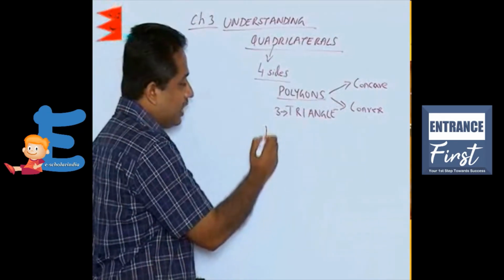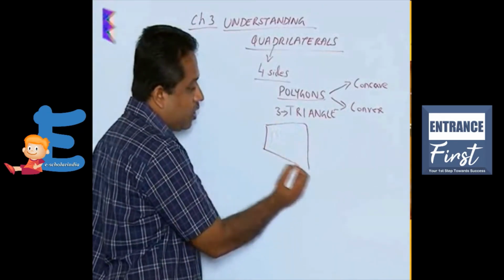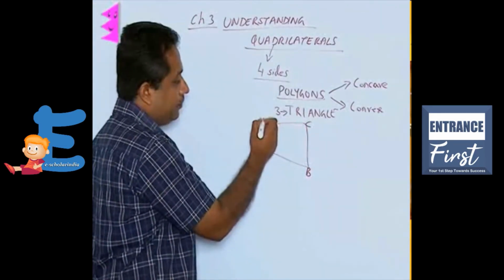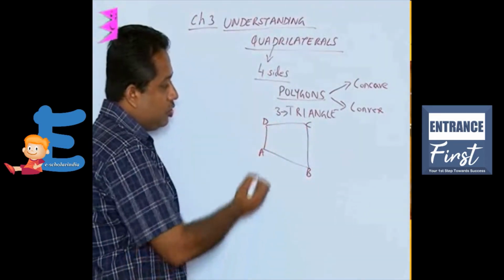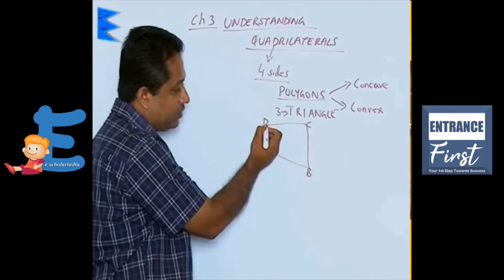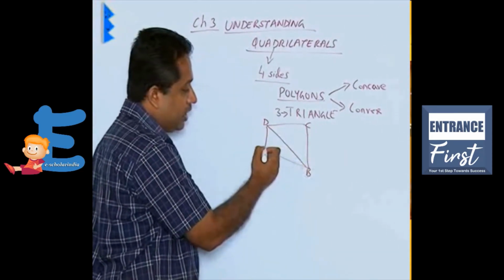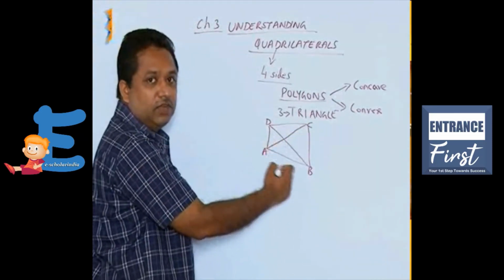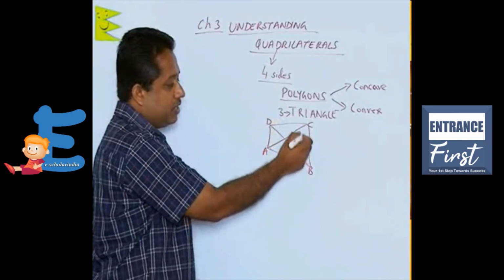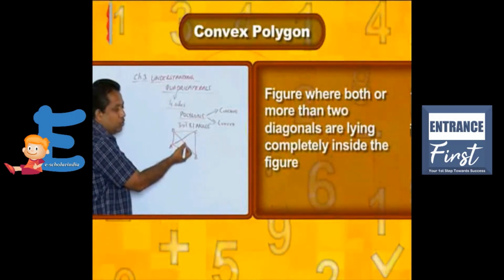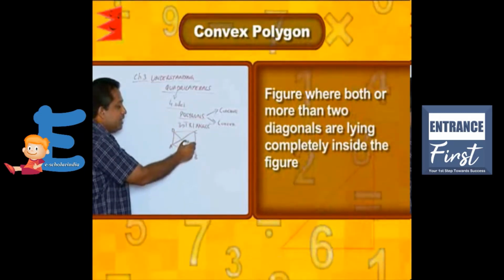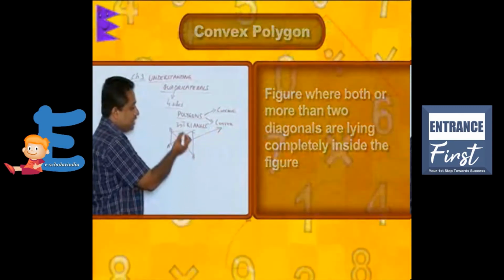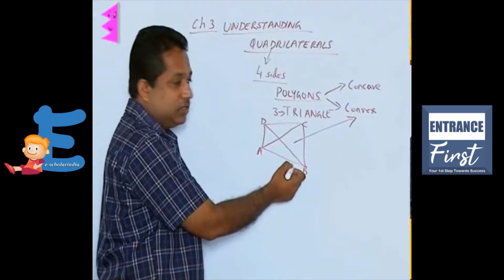So if you have a figure like this, a random quadrilateral, a four-sided figure, name it as ABCD, and if we draw the diagonals of this, that means join D to B and A to C, we find that both the diagonals are lying within the figure. Such figures where all the diagonals are lying completely inside the figure are known as convex polygons. So this is an example of a convex polygon.